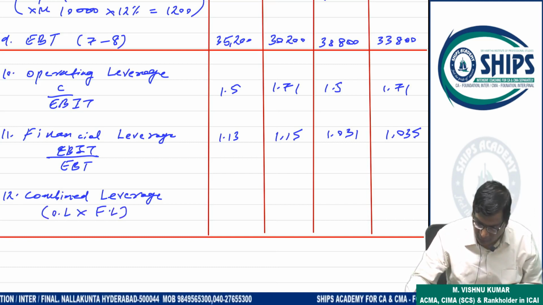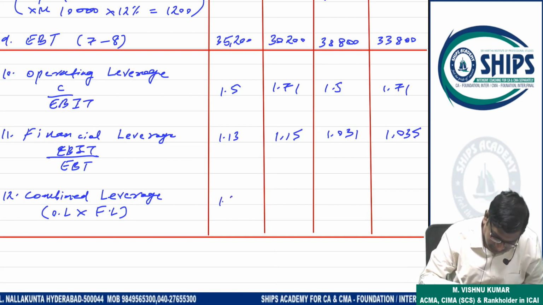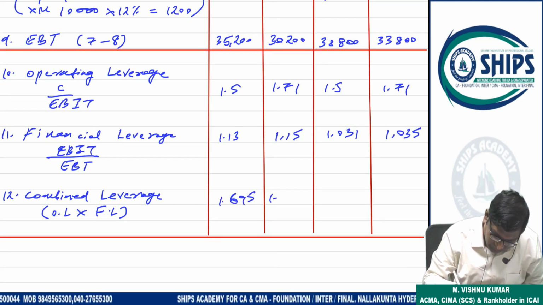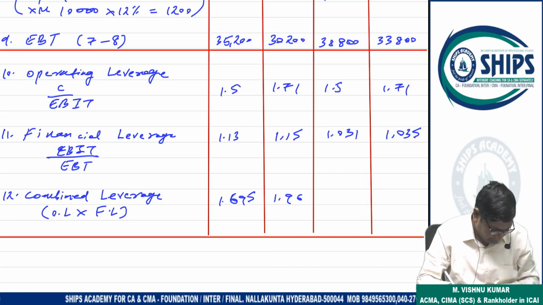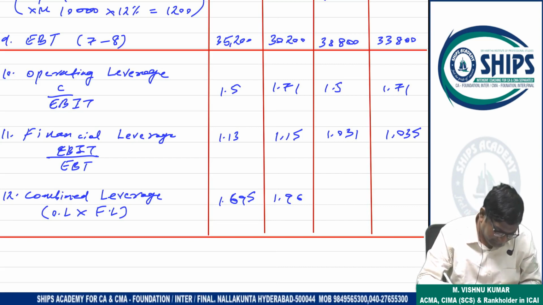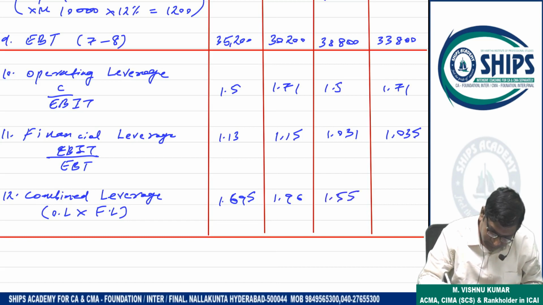One point five into 1.13. 1.695. 1.796. Next. 1.55.